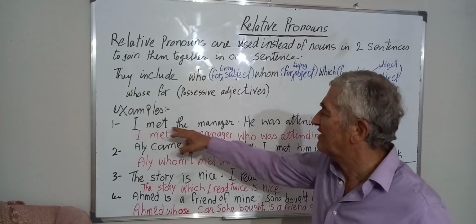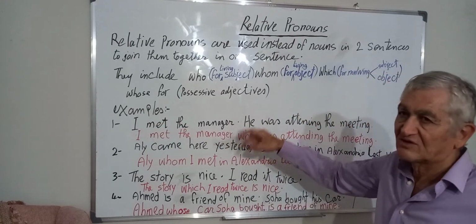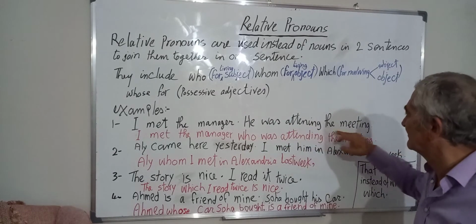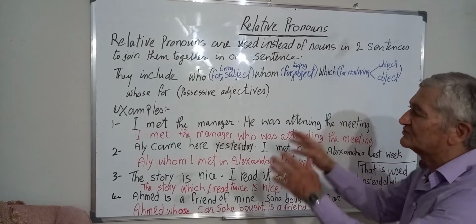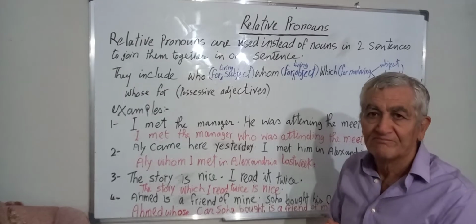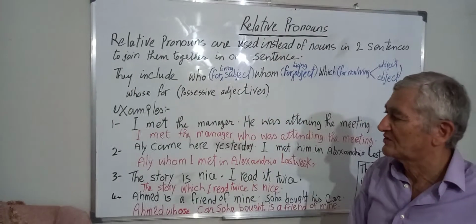Example number one: I met the manager of the company, of the school. He was attending the meeting. These are two simple sentences. I want to join them together in one sentence using a relative pronoun.